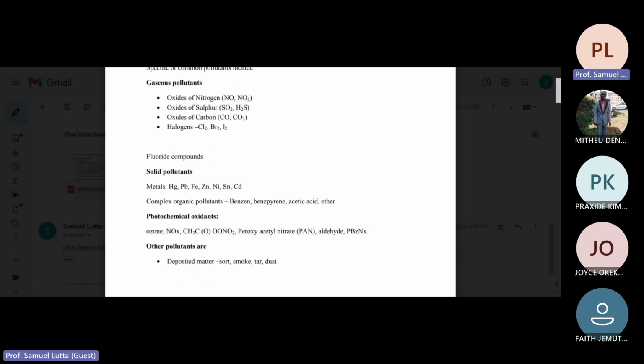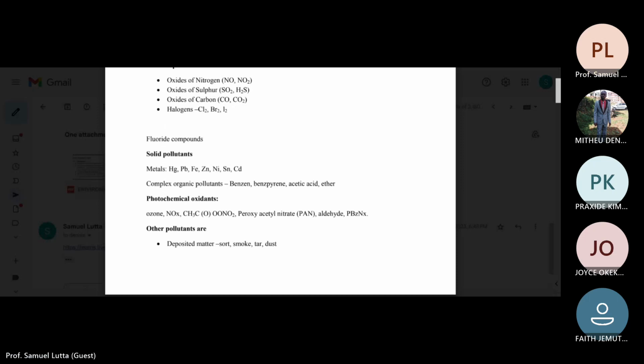And then solid pollutants, we talked about the metals. I said for the metals, we need to know their sources, their effects, and what are the measures that we normally take with these ones. To remove the metal, we talked about phytoremediation, where you remove by planting crops which can absorb the metal. You can use chemical means. We talked about EDTA.